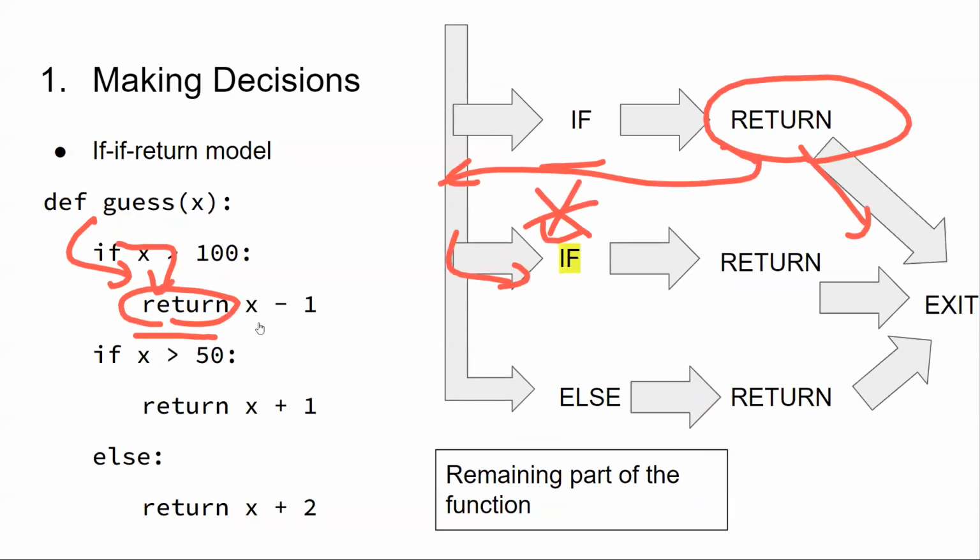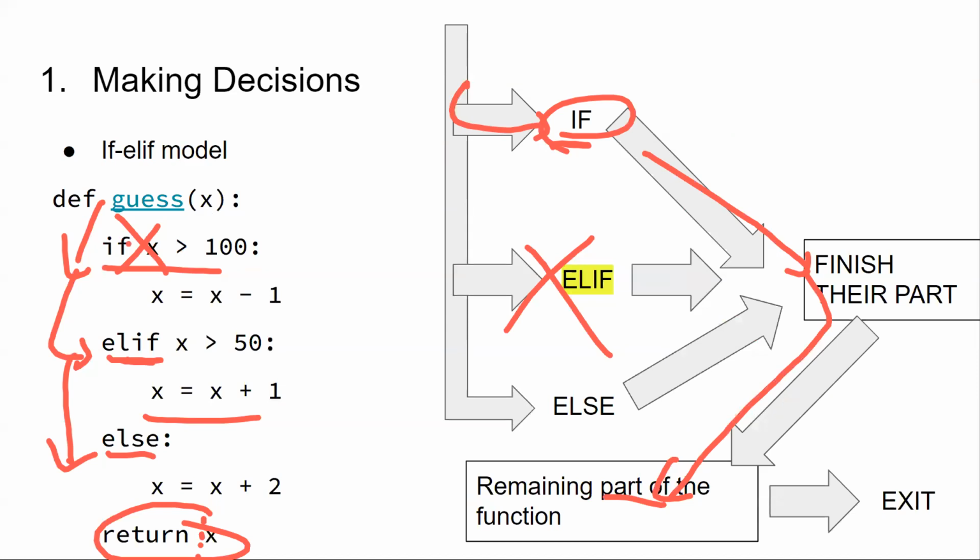Notice that in the earlier model we don't run the remaining part of the function because we already have a return statement in our if statement. So this is very different. Don't forget the remaining part of the function, and when you hit the return statement, you exit. So a quick example of this.